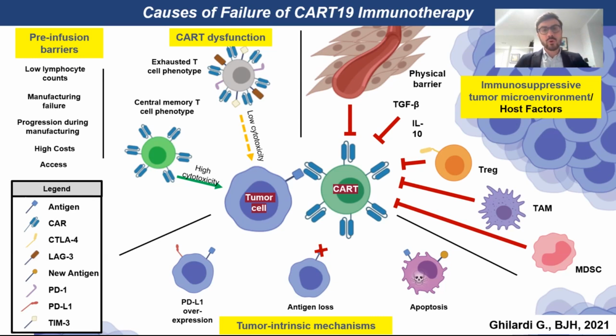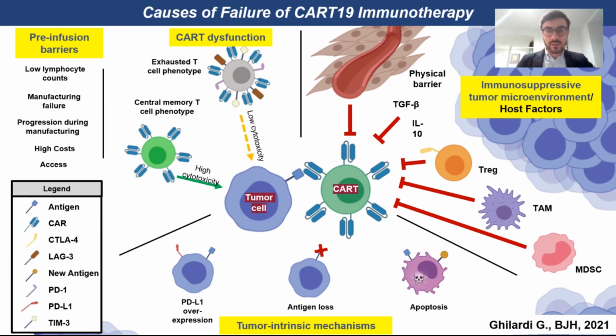But if we focus more on the biological reasons for failure that you can see here, also in yellow, we identified 3 main categories. One is the so-called CAR dysfunction. So again, as you can see here, the tumor cell and the CAR T cells. So there are a lot of reasons why this interaction might fail, and one of them is the fact that if the T cells are exhausted or are terminally differentiated, they would not be able to generate a potent and prolonged anti-tumor effect.